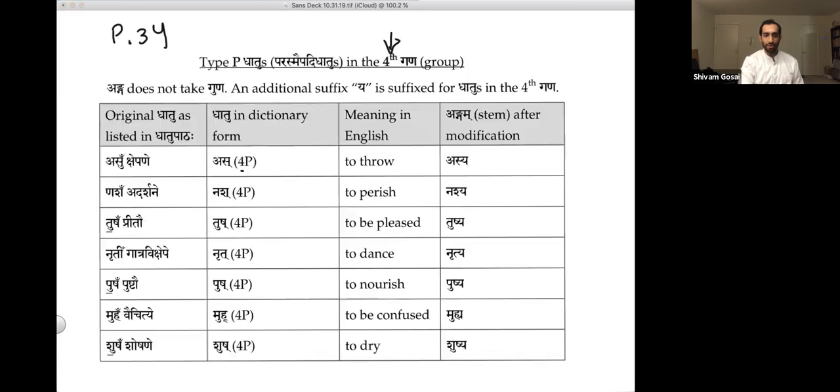So for example, the dhatu as, because as is in the fourth gana, we are going to add a yakara. And when I add a yakara, the anga becomes asya. Nash: I add a yakara, and it becomes nashya.